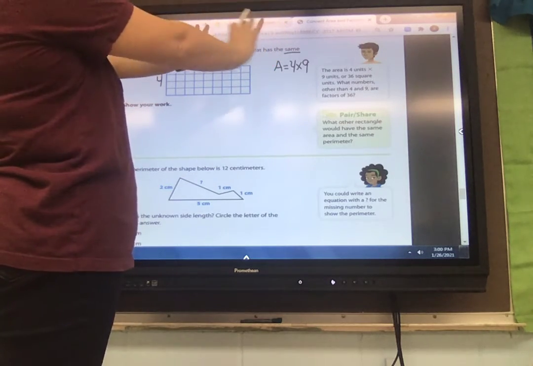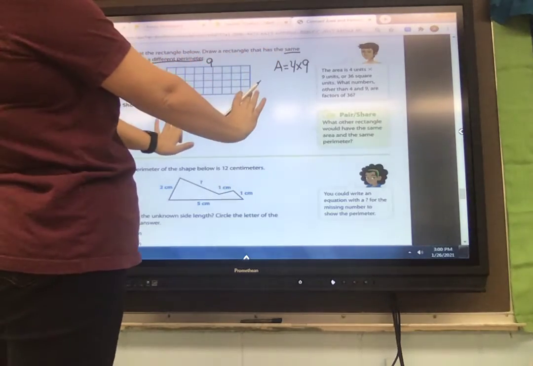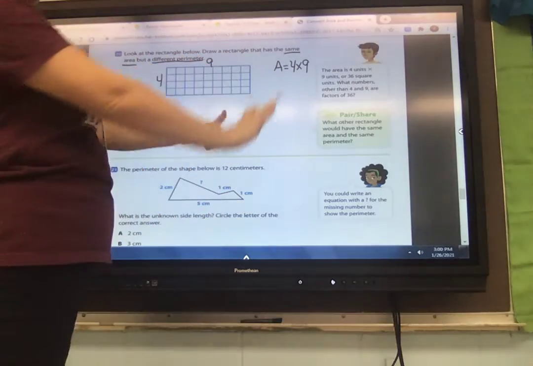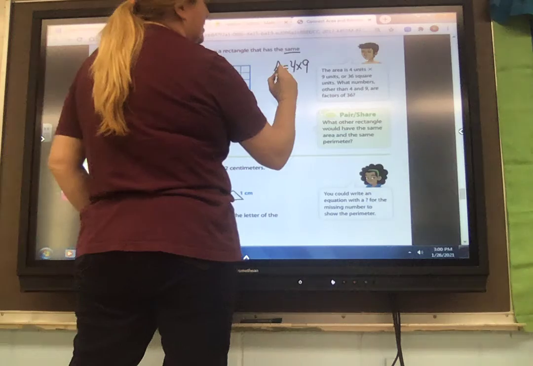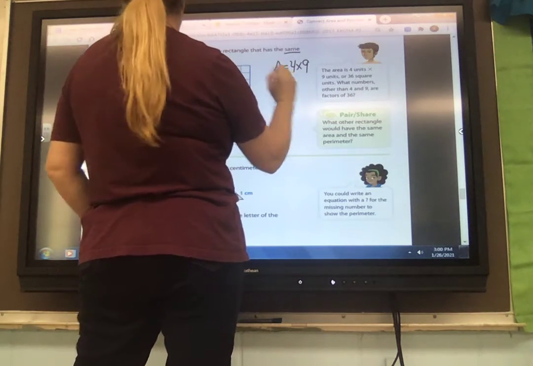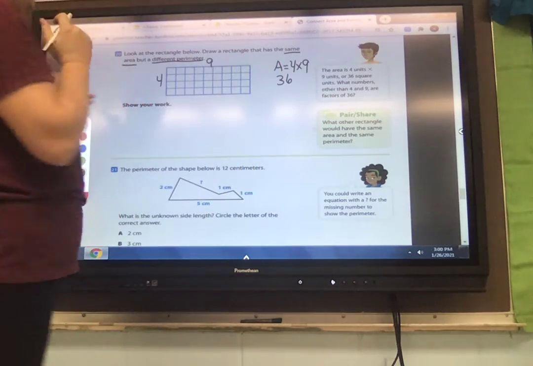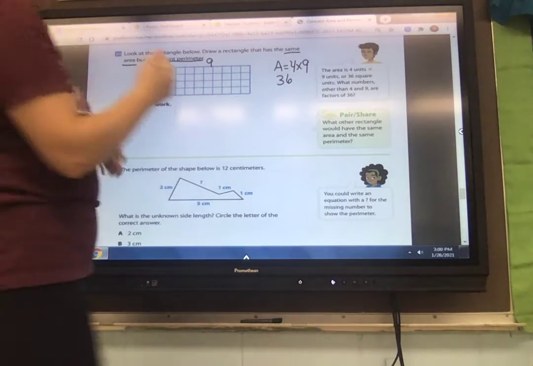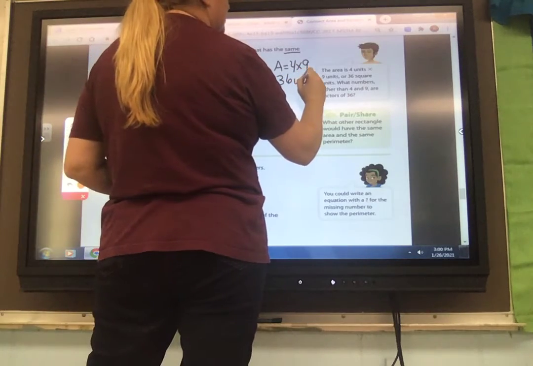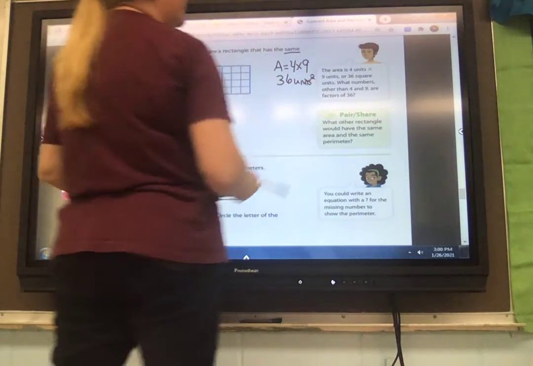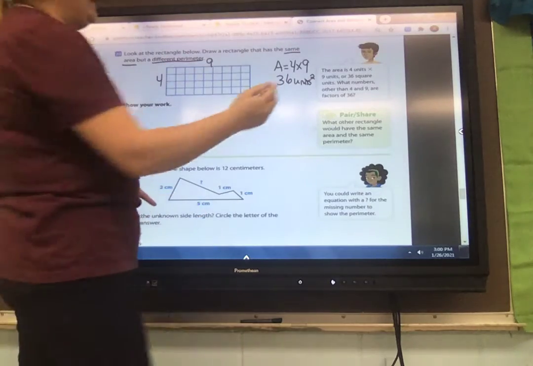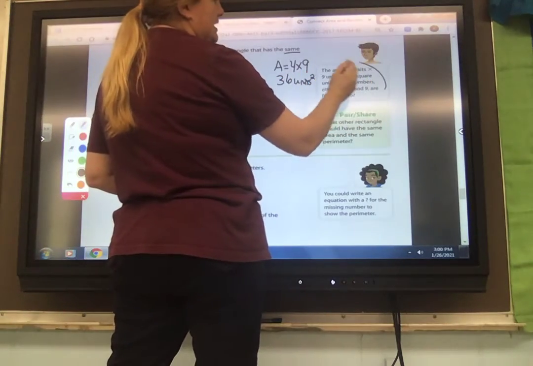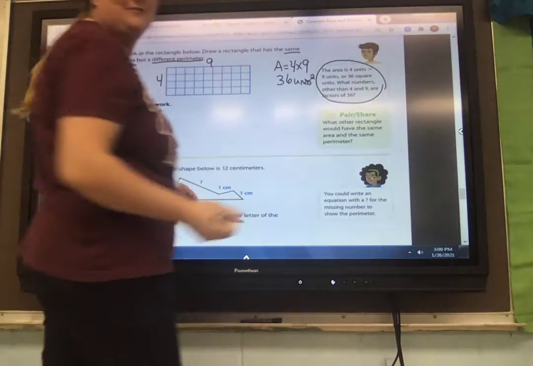Fourth finger down because it's a 9 fact. And I have 3 on this side and 6 on this side. So 36. Okay, they don't tell me what my label is, so I'm just going to call these units because they are square units.